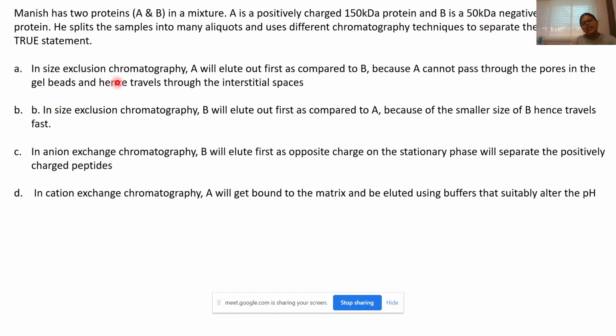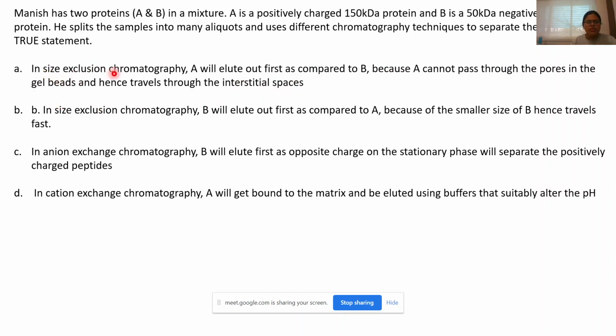So, depending upon the characteristics of your proteins, you have to see which kind of chromatographic method is suitable for these two proteins. Here in option A, in size exclusion chromatography, A will elute out first as compared to B because A cannot pass through the pores in the gel beads and hence travels through the interstitial space.